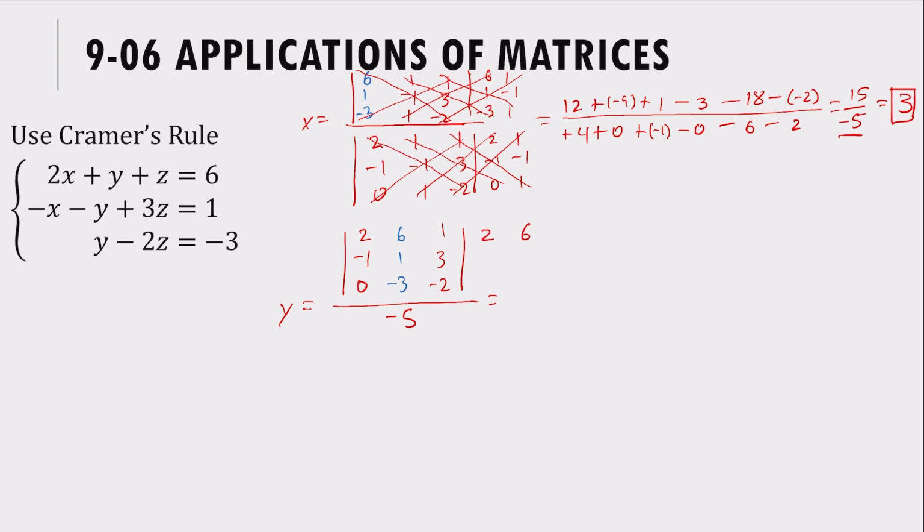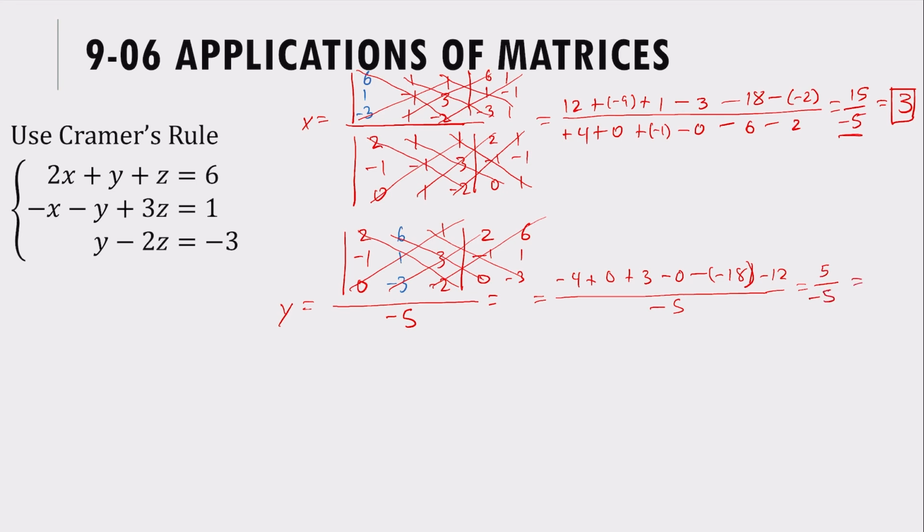So second time around is faster because we only have one determinant to find. So we have -4 plus 0 plus 3 minus 0 minus -18 minus 12. And the bottom's -5. Add together the top, it's 5. The bottom's -5, so that's -1. So y is -1.